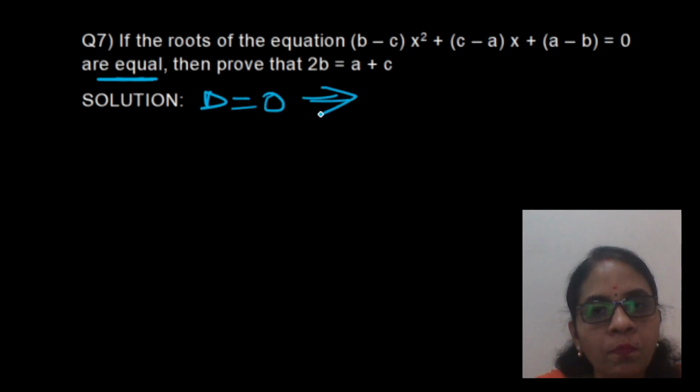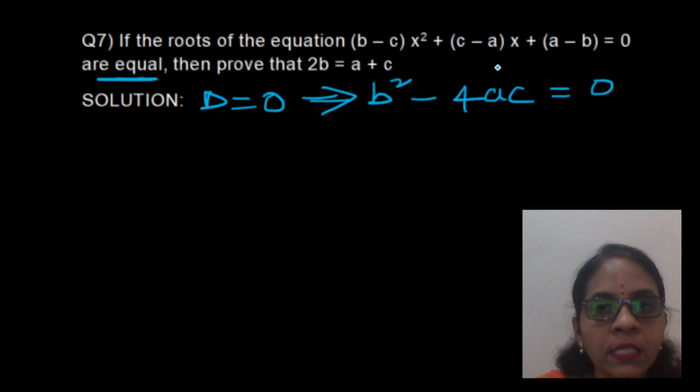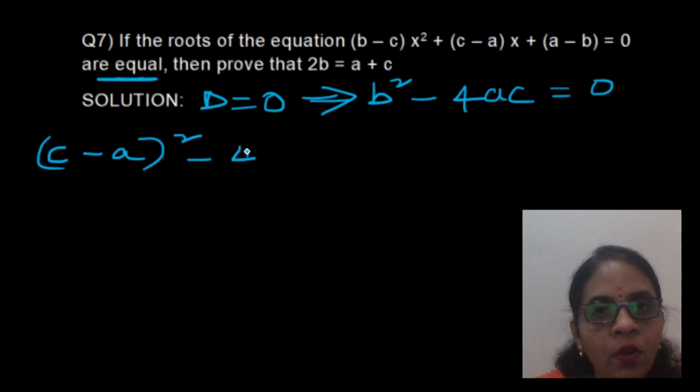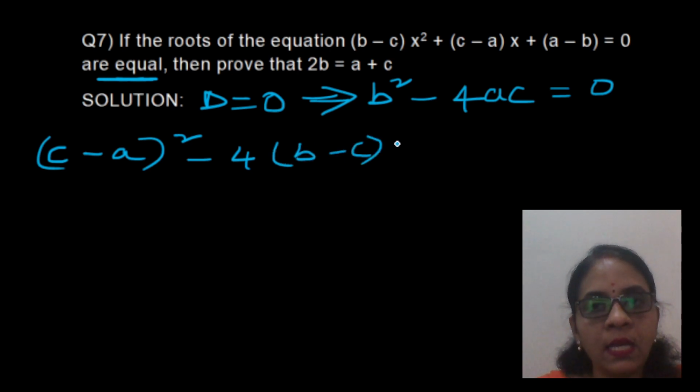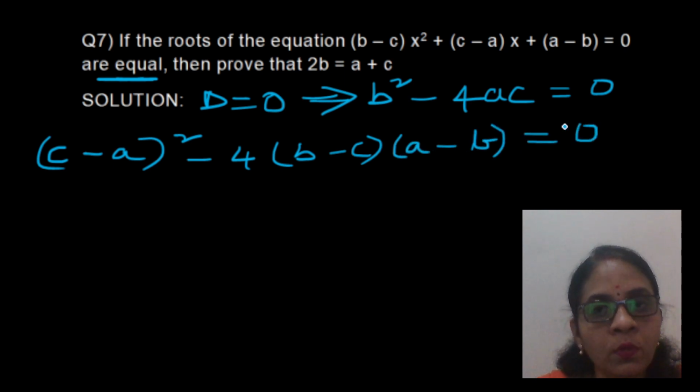Discriminant is 0 means b square minus 4ac is equal to 0. What is b square here, children? B square is here (c minus a) whole square minus 4ac, where a is (b minus c) and c is (a minus b), and it is equal to 0.